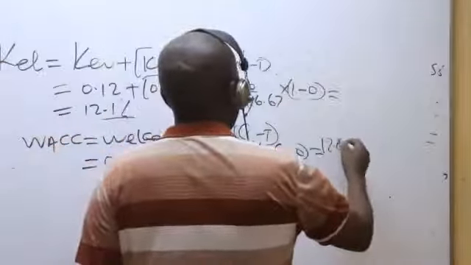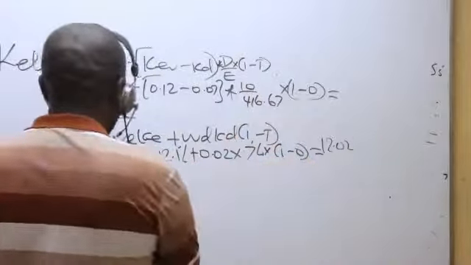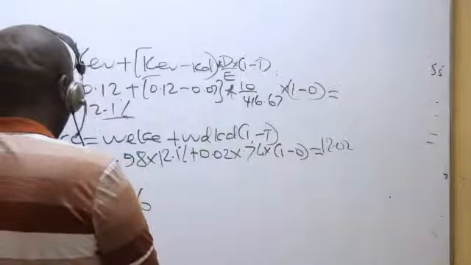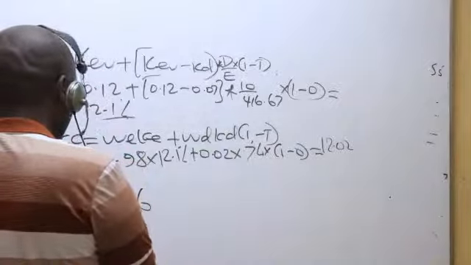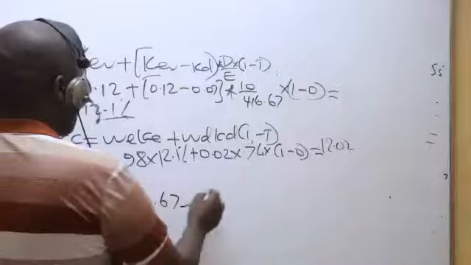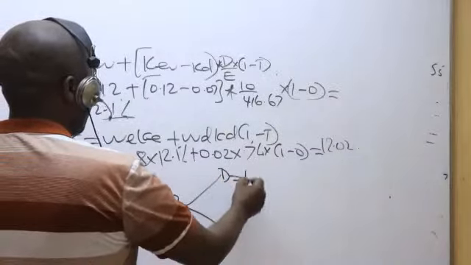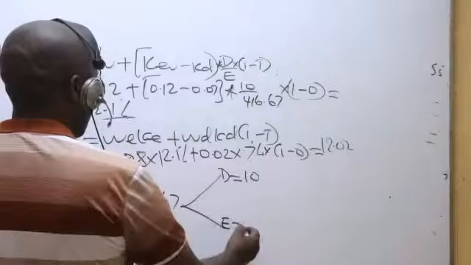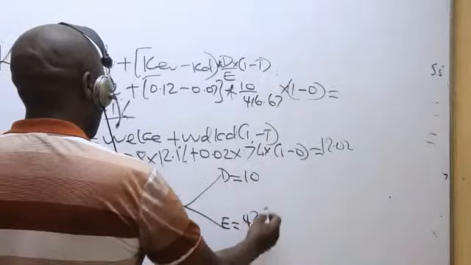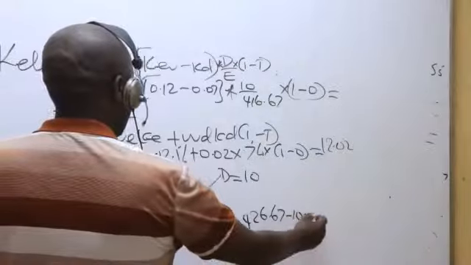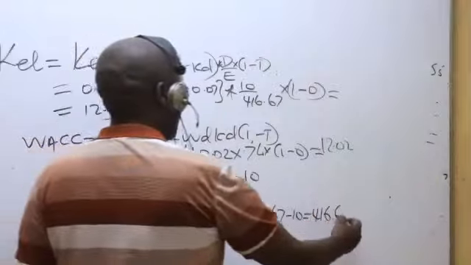So how are we getting the weights? Remember, like in this question, we had the total value of the levered firm, which was this. So we split this into two. Debt will be 10. Equity will be 426.67 minus 10, which gave us 416.67.